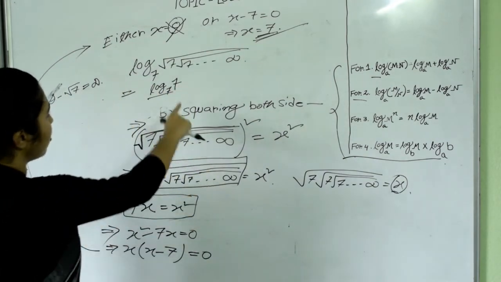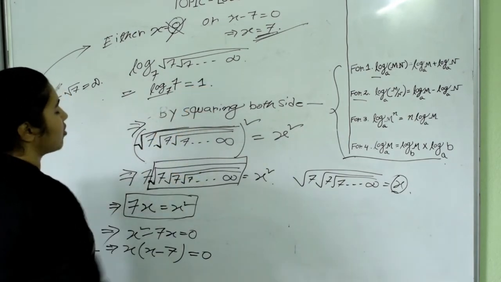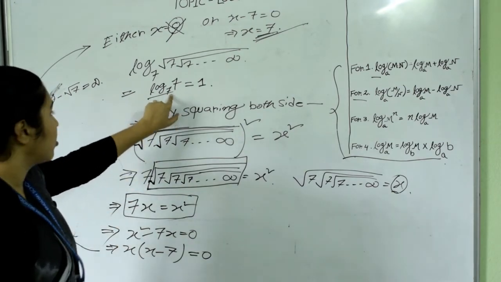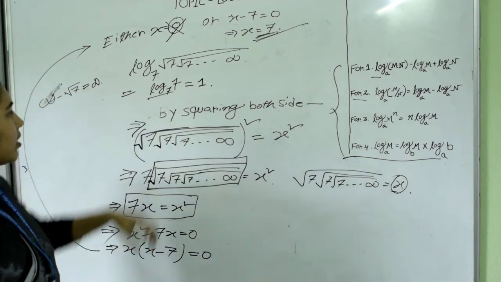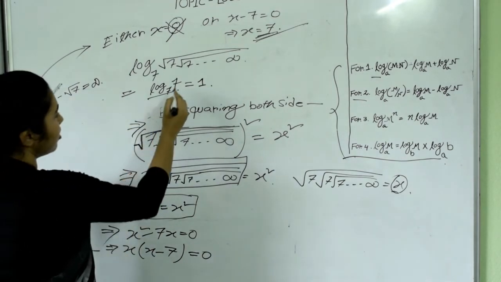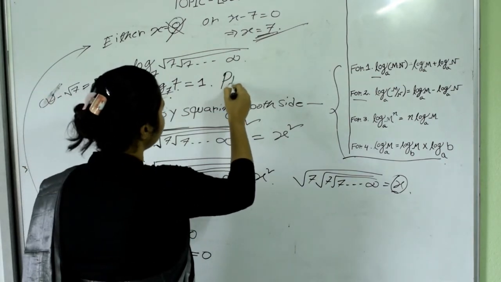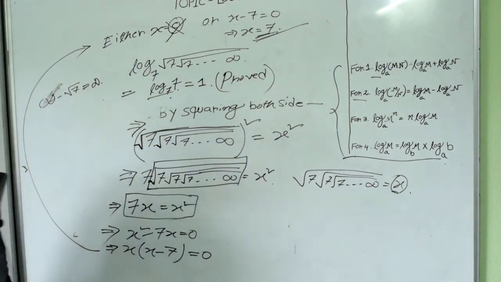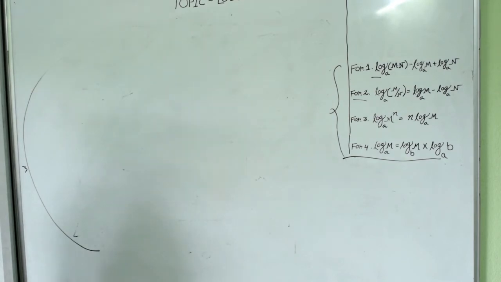So log 7 with base 7 is equal to 1, because we know that log of anything with the same base has value 1. That's why the value of log 7 with base 7 is equal to 1, and hence our proof. Now this is an important example.